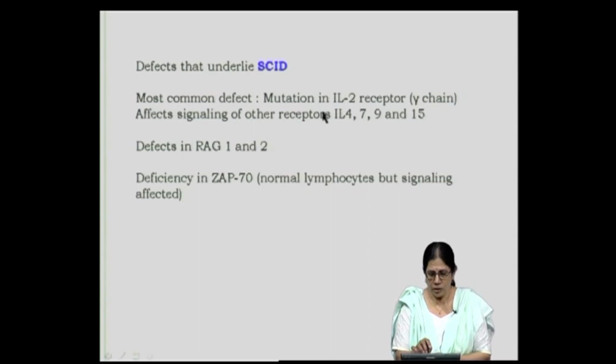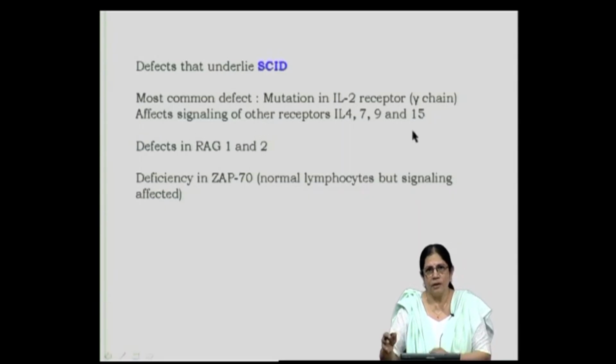Mutations in the gamma chain also affect other receptors such as interleukin 4, 7, 9 and 15, because the same gamma chain is a part of these receptors. So ultimately, one can imagine that mutations in the IL-2 receptor gamma chain can bring about severe immunodeficiencies, because other receptors also get involved.